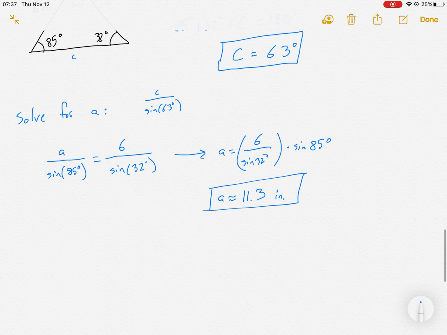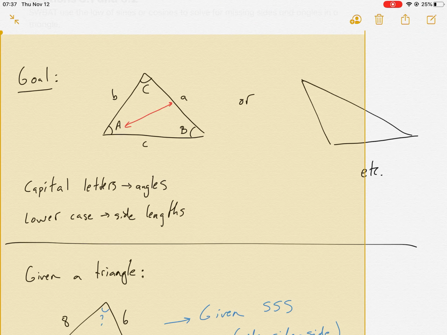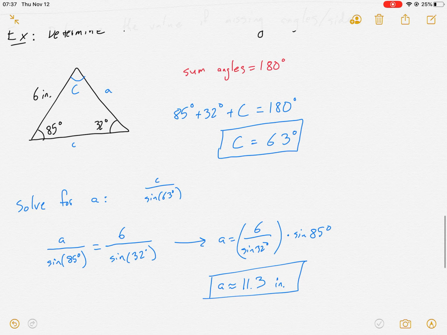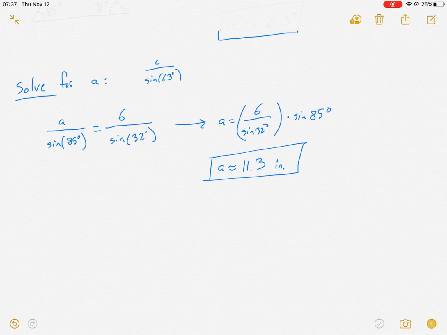So it's about 11.3 inches. Okay, yep. All right, so that was for A. We just solved for A.